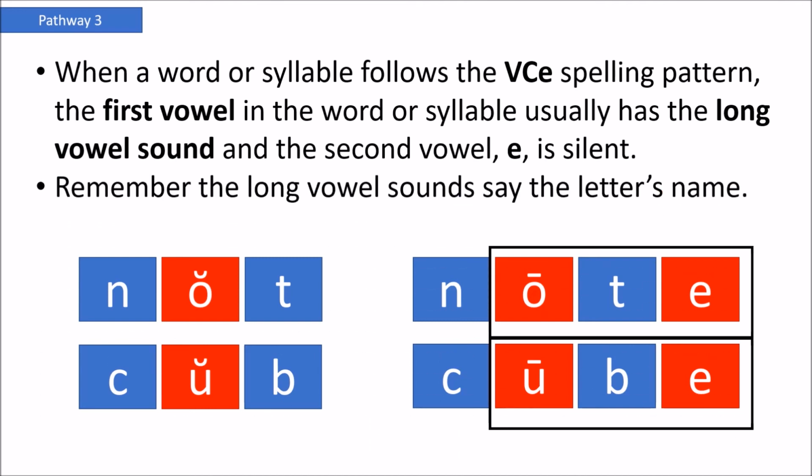Remember, the long vowel sounds say the letter's name. So in our first two examples, not would turn into the word note, and cub would turn into the word cube. Notice how that vowel sound changed from the short vowel sound to the long vowel sound, and the E at the end of those words is silent.